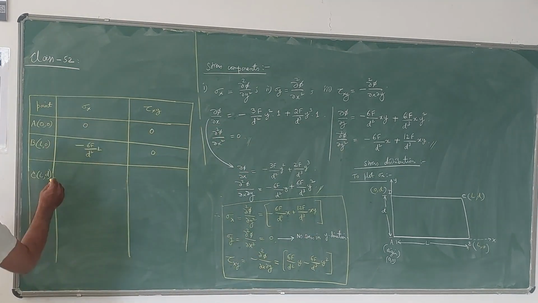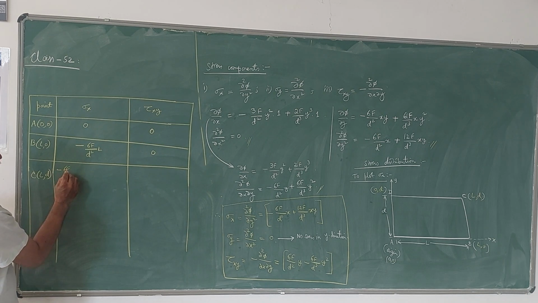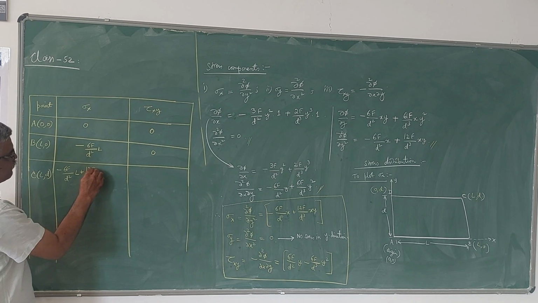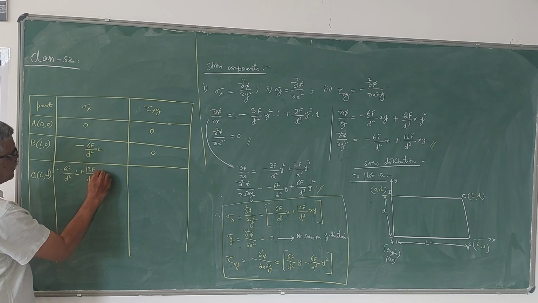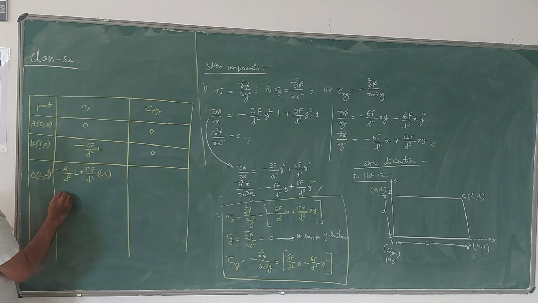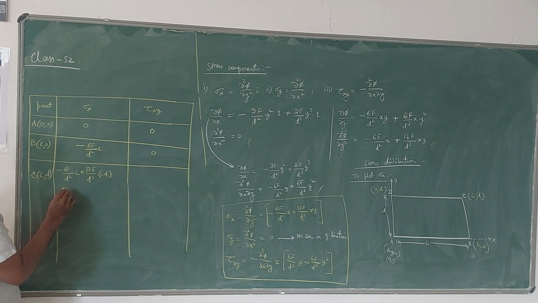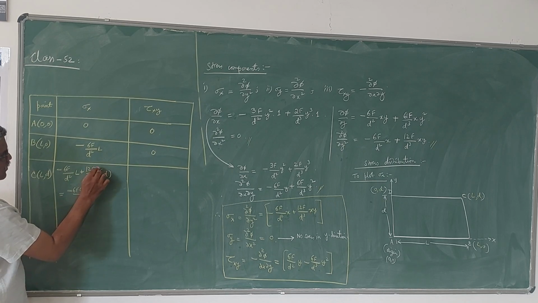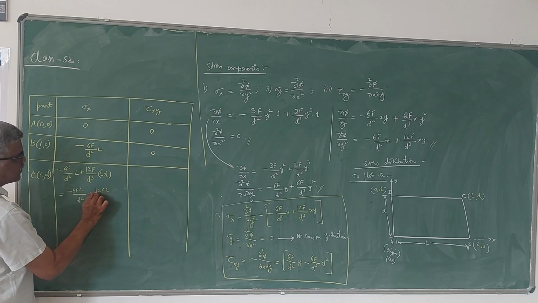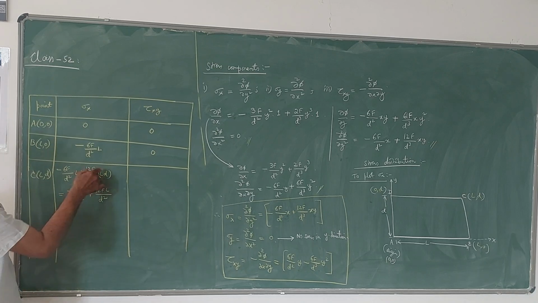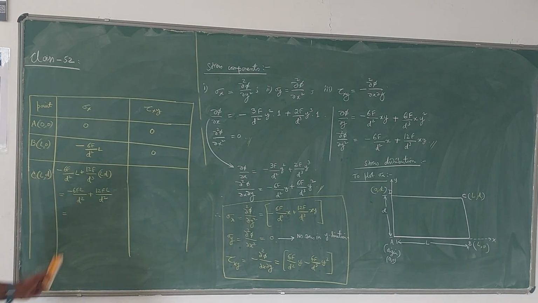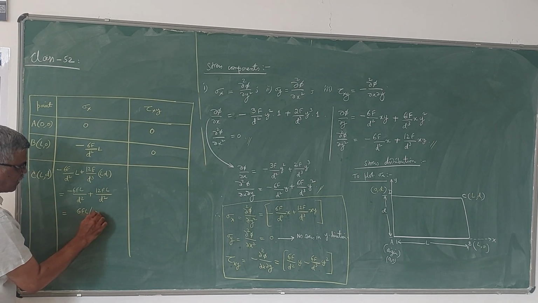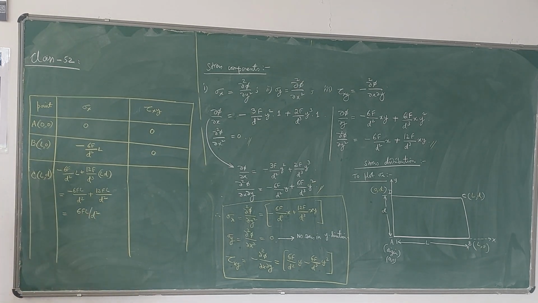So minus 6F by D square into L plus 12F by D cube into L into D. Simplify it. Minus 6FL by D square plus 12FL by D square. Correct? One D will get cancelled, no? What is this? 6FL by D square. Got it? That is the value.